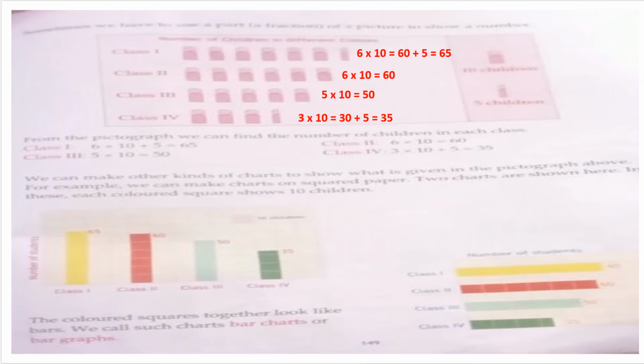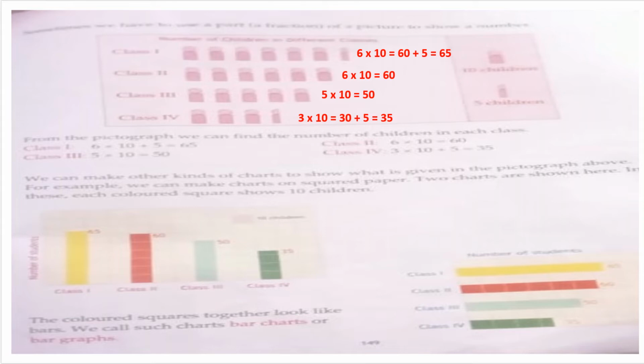Now children, below you can see a bar graph is made. When you make a bar graph, there should be a gap between the bars. Now you can see the number of children and the number of classes. But here you have to mention how many children one box represents.